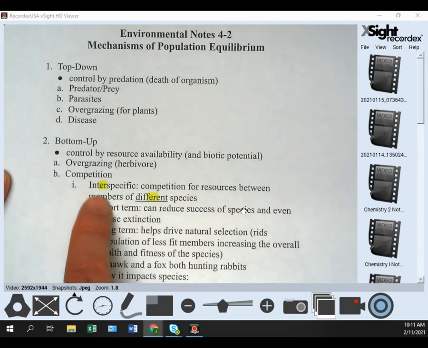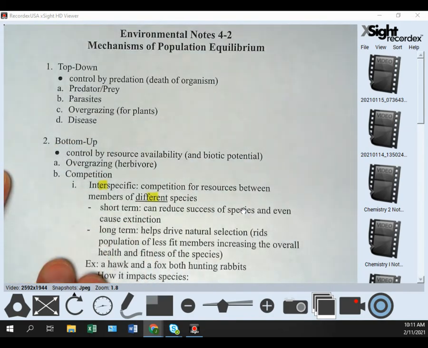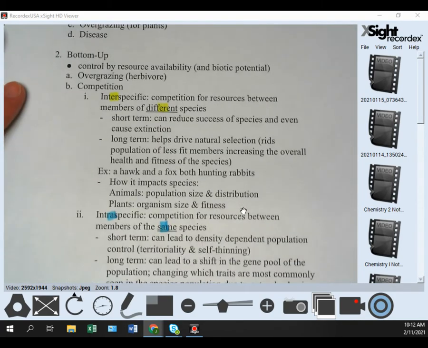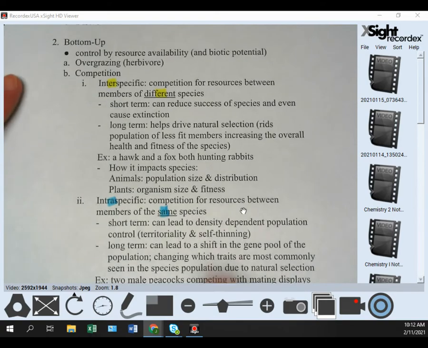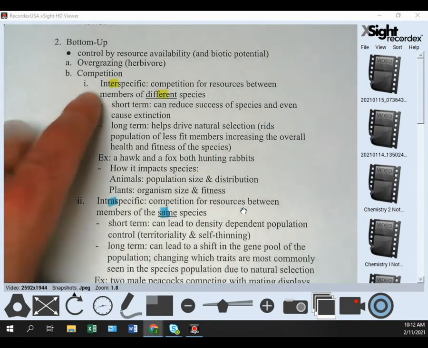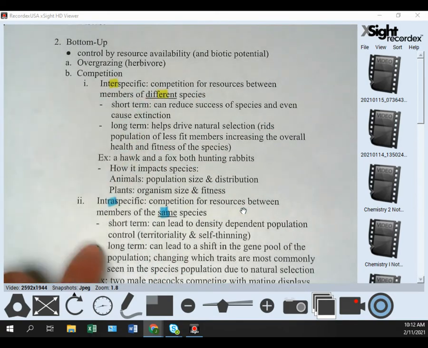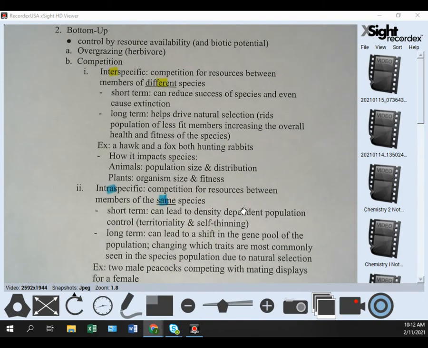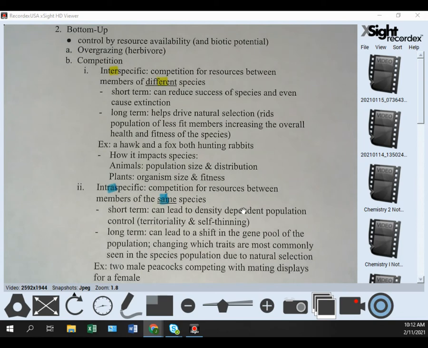And then under bottom up, we have other types of competition. You can see in here, we've split competition into two different categories: interspecific and intraspecific. The way that I remember the difference, and hopefully this helps you, maybe it doesn't, I have a hard time memorizing stuff, so I try to find little tricks, but sometimes it doesn't work for everybody.